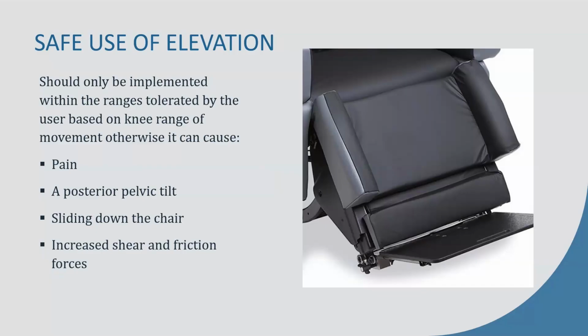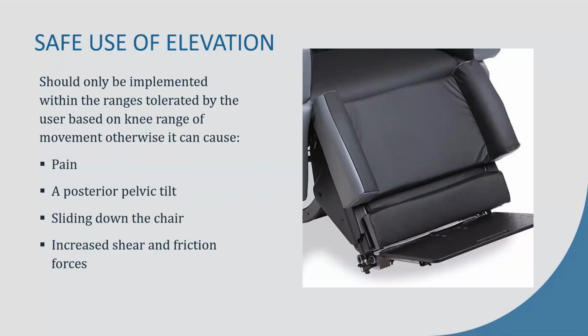And then we have safe use of leg rest elevation. Now, it should only be used within the ranges tolerated by the user, which is based on their knee range of movement. So that's why when we talk about assessment, that range of movement analysis is critical to understand what their hamstring's like. And we obviously need to do that with the hip flexed as well, because the hamstring muscle goes over 2 joints.